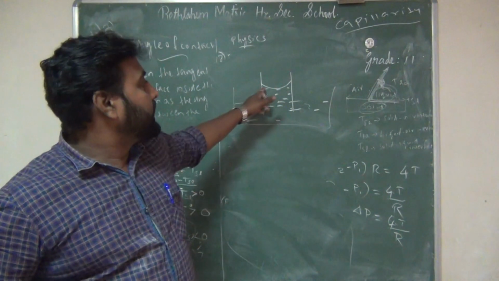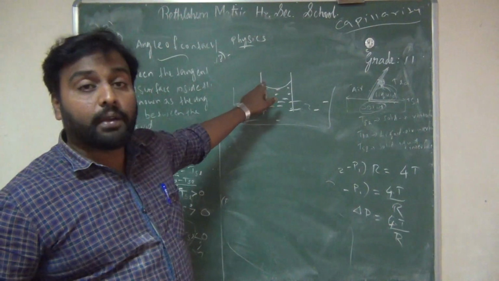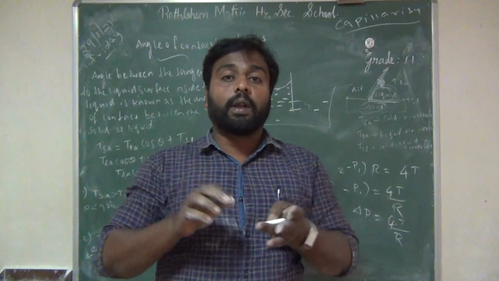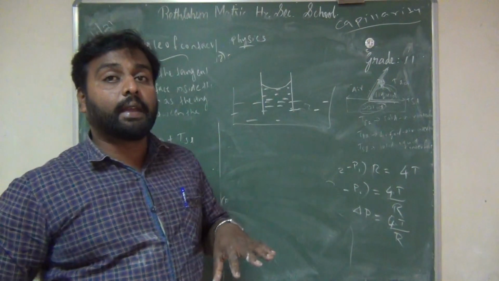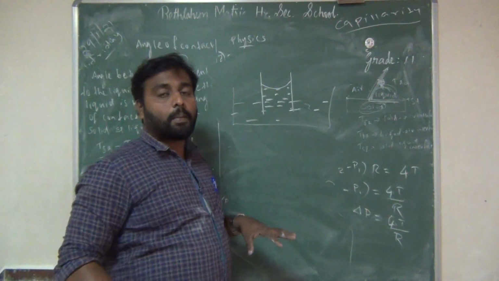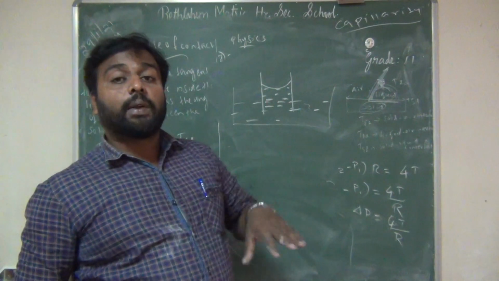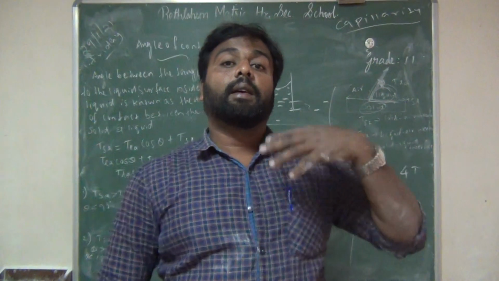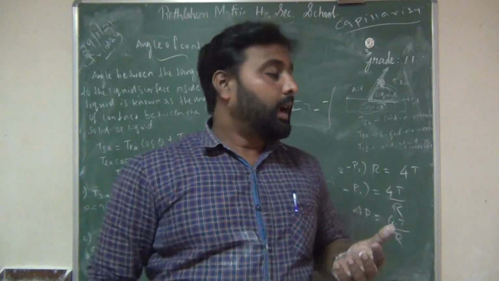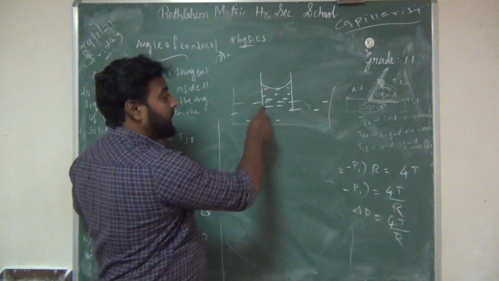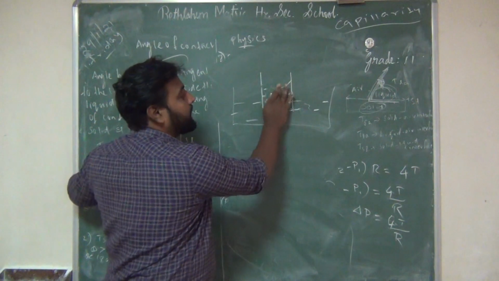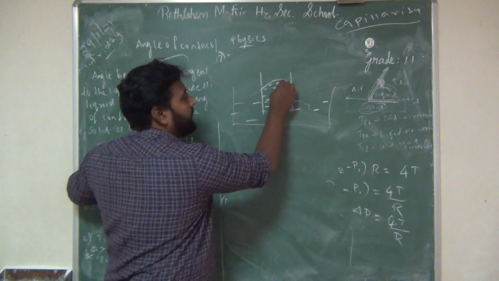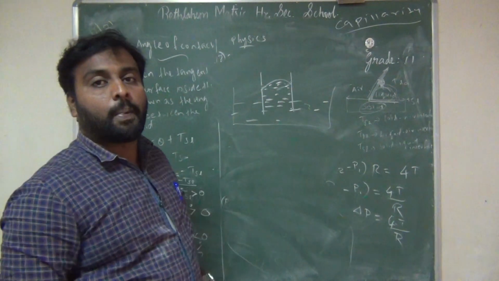Now the angle of contact here you can see is greater than 90 degrees. In some liquids the angle of contact is greater than 90 degrees, so what will happen is capillary fall. And in some liquids, suppose you are dealing with mercury, you can see that part is depressed.